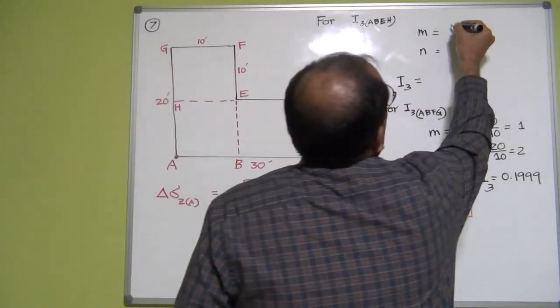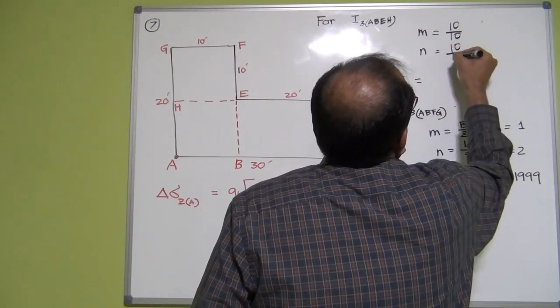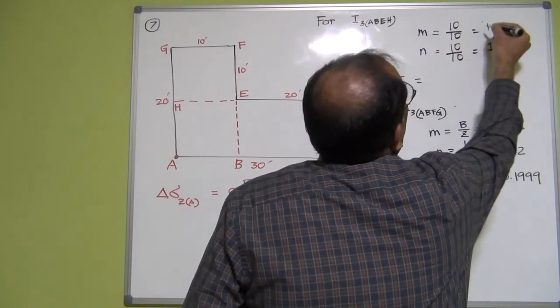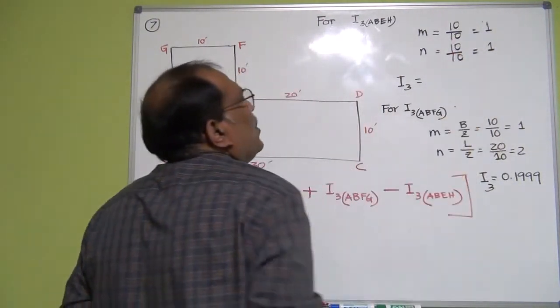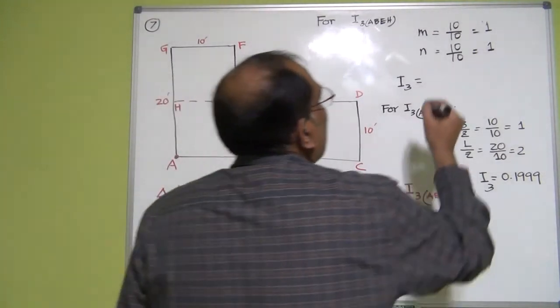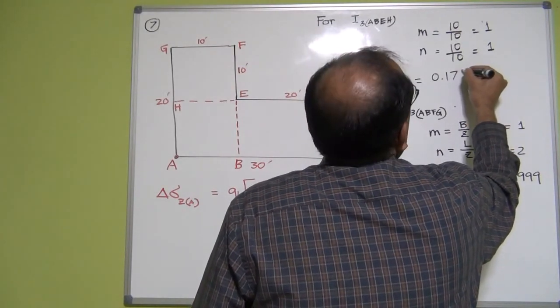So M equals 10 by 10, N equals also 10 by 10. For M equal to 1 and N equal to 1, your I3 would be 0.1752.